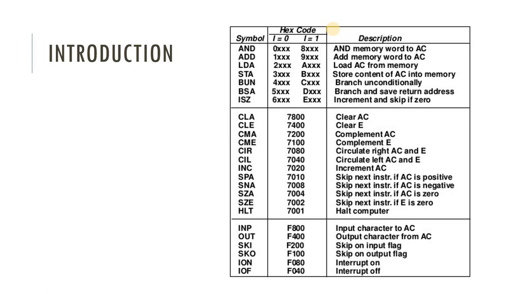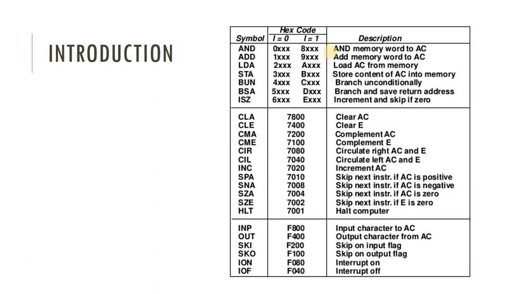For ADD, the hexa code is between 1 to 9. So if you find any symbol like AND or ADD or anything from this, suppose its symbol is AND, then the meaning is AND memory word to accumulator. Second is ADD, which means add memory word to accumulator. Next is LDA, which means load accumulator from memory.